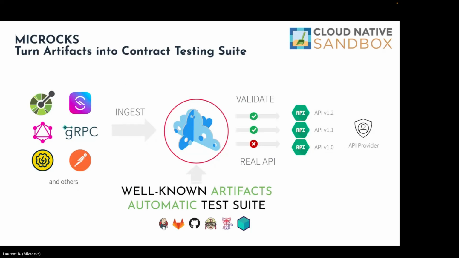For the testing side of things, once we have ingested all these different artifacts, we also have the ability to reuse them to build a complete and comprehensive test suite for your API implementation. So once you have developed and you are delivering your application, you can be sure that the new version 1.2 of your endpoint is conformant with the latest 1.2 schema specification of this endpoint, but also that you did not introduce any breaking changes.